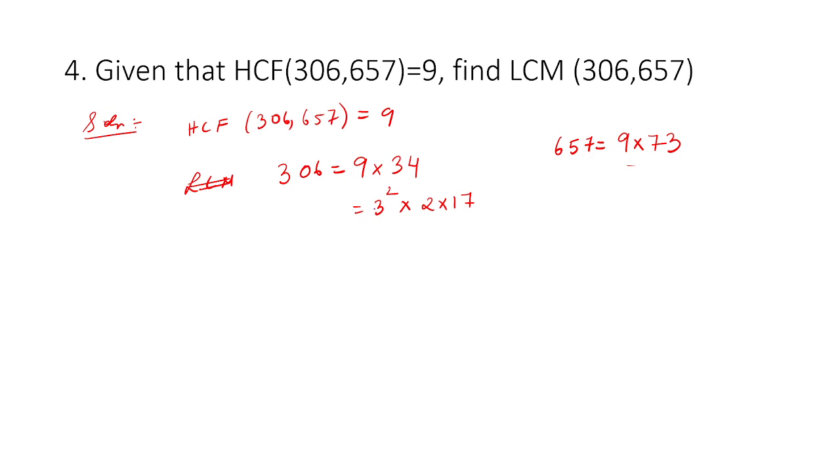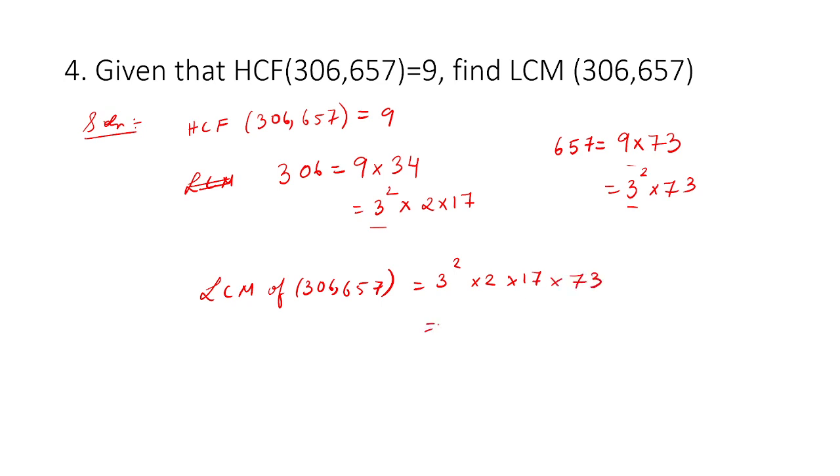So from here you can write it as 3 squared into 73. This is how they got the HCF, because if you look at this, the HCF of 306 and 657 is going to be 9. Next, let's work with the LCM. Therefore, the LCM of 306 and 657 is going to be 3 squared into 2 into 17 into 73.